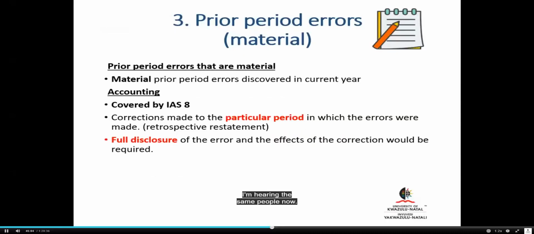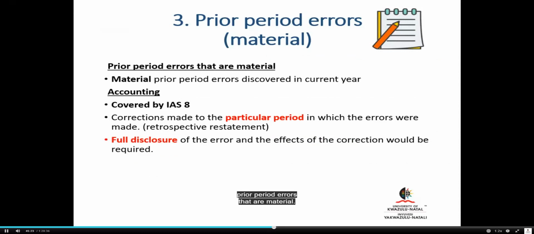Now, let's start dealing with what affects our accounting standard for today. We want to deal with prior period errors that are material. So what would that mean?